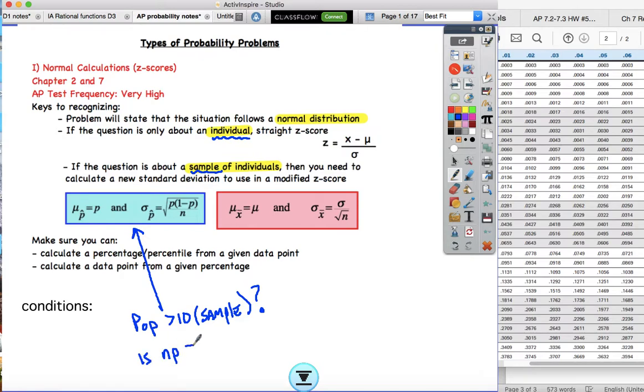Is n times p greater than or equal to 10? And is n times 1 minus p greater than or equal to 10? Those are things that you have to check for if it is a proportion problem. If it is a mean problem, you still have to check to see if the population is more than 10 times the sample size. And you need to check to see if the sampling distribution is approximately normal.